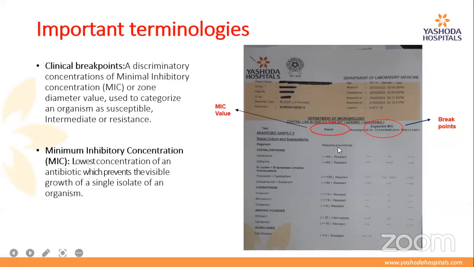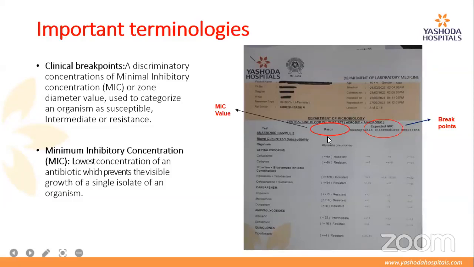If it is 64 against the resistant value, we will interpret it as resistant. If it had come around 16, then we would have called it susceptible. So the breakpoints and the minimum inhibitory concentration together give the interpretation.